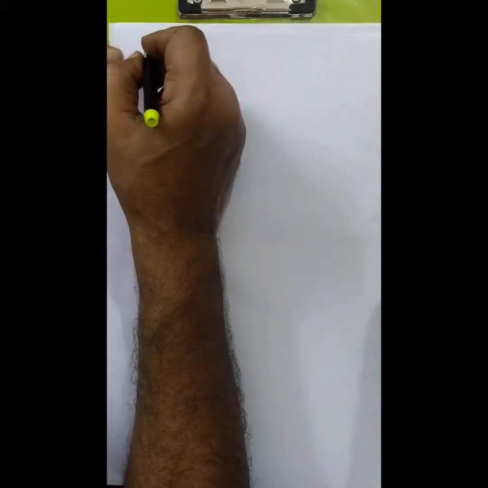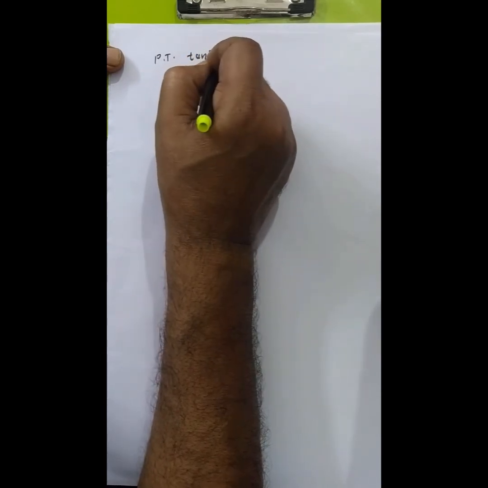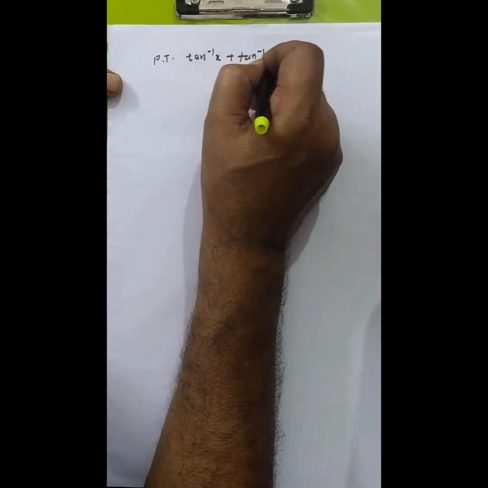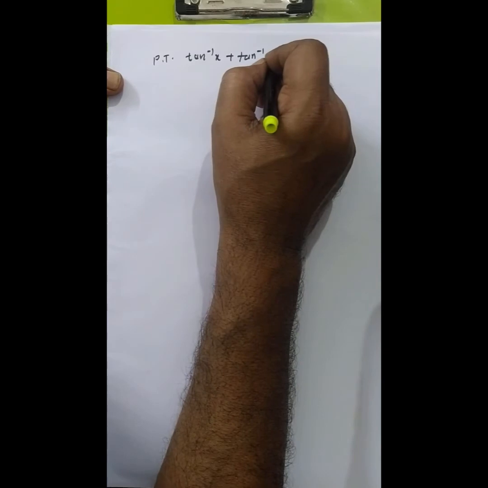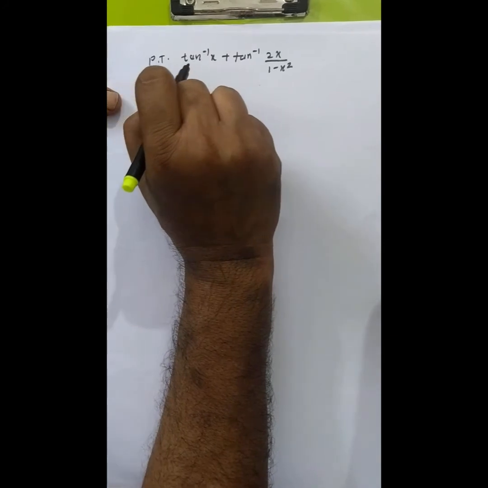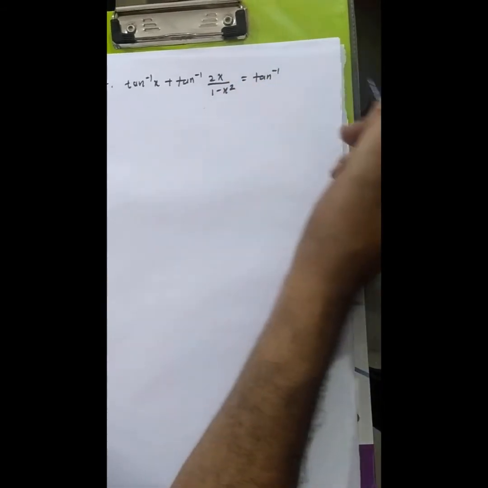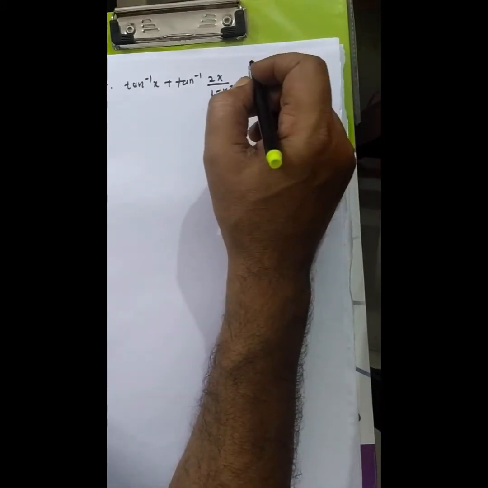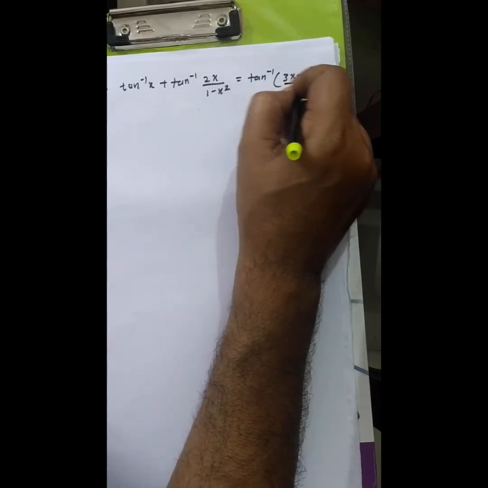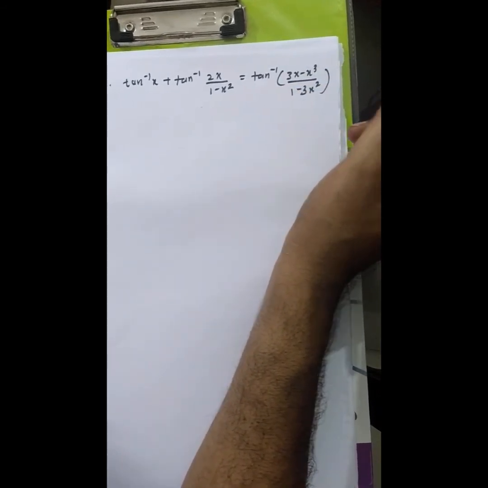Prove that tan inverse of x plus tan inverse of 2x upon 1 minus x square is equal to tan inverse of 3x minus x cube divided by 1 minus 3x square.